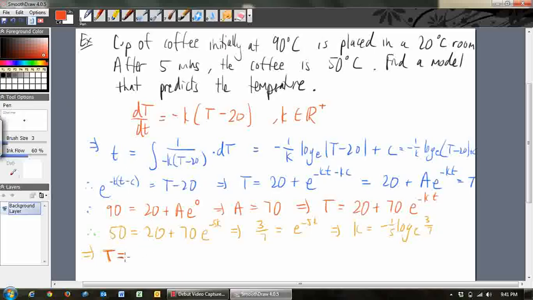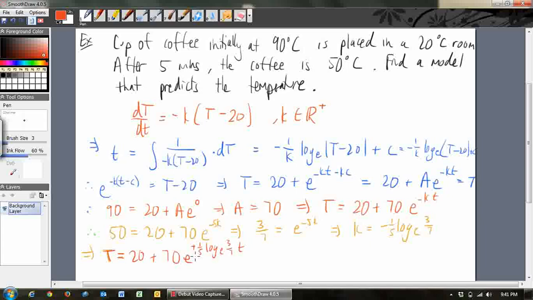Temperature equals 20 plus 70 e to the negative k, so it will be positive 1/5 log e 3/7, that's k, t.